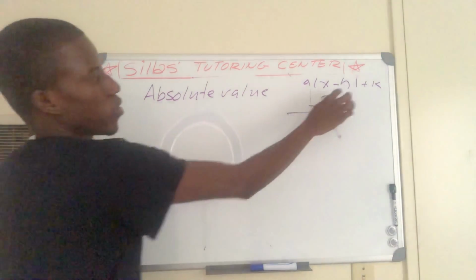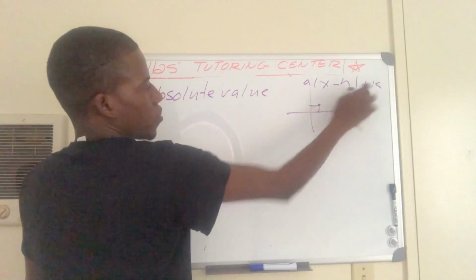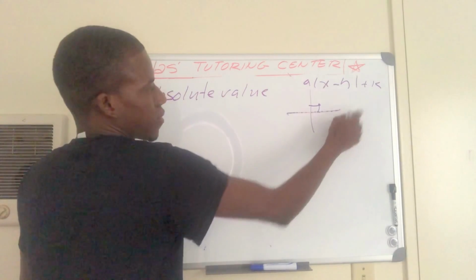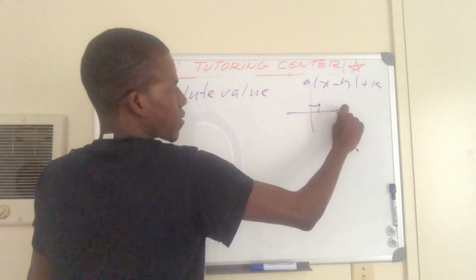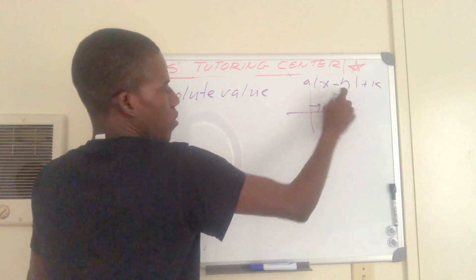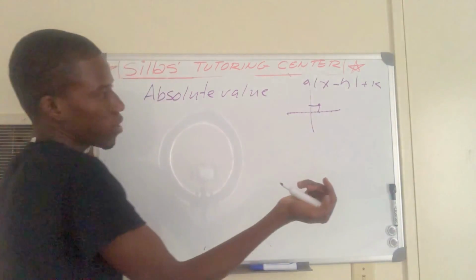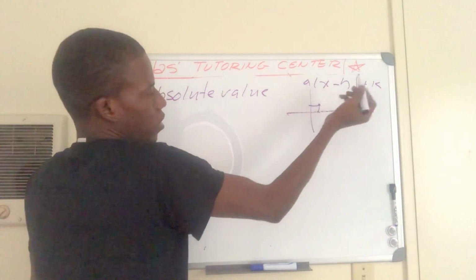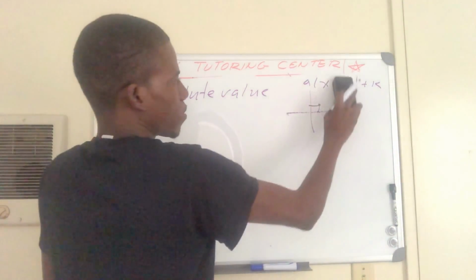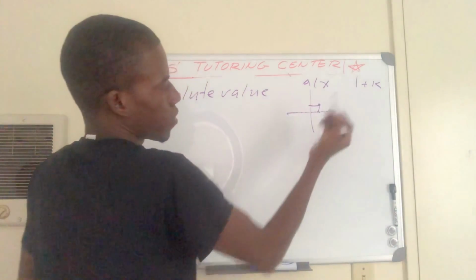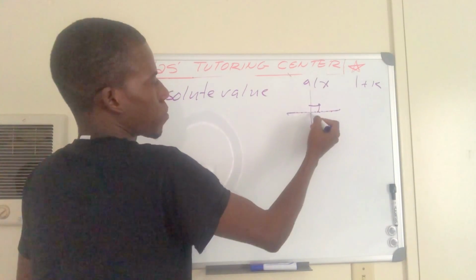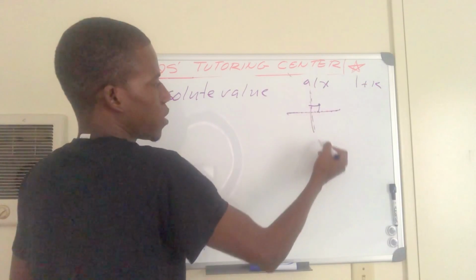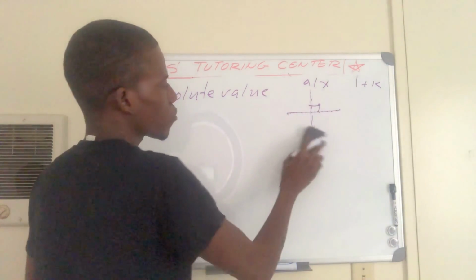If one of these is 0, that makes it on one of the axes. If k is 0, it's going to be on the x-axis. If h is 0, it's going to be on the y-axis. So if you ask what if h is 0, that tells me my function is going to be on the y-axis.